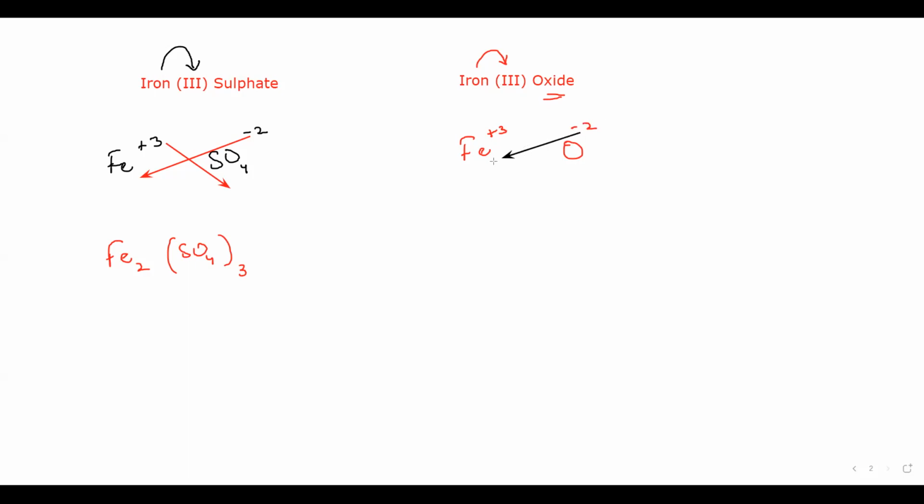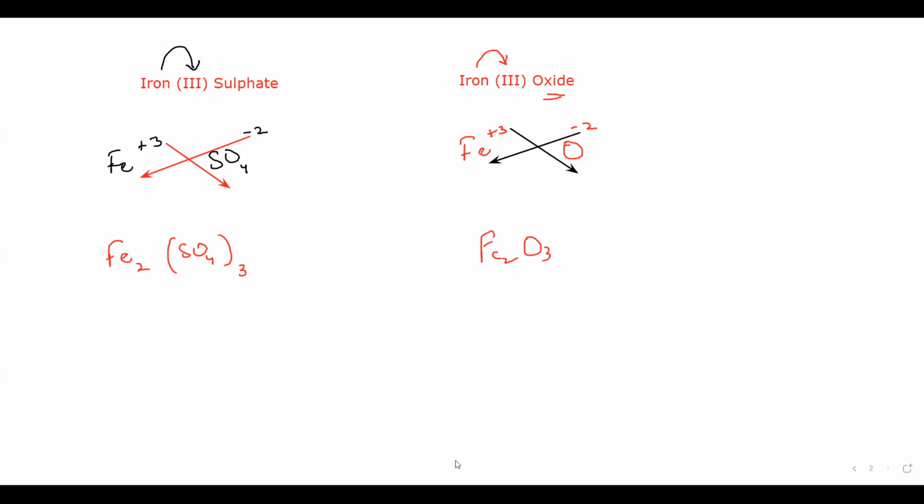So this 2 will be multiplied with iron and this 3 will be multiplied with oxygen. So the formula for iron 3 oxide will be Fe2O3. Is it clear, Abdullah? So this is how the formulas are written for iron 3 sulfate and for iron 3 oxide.